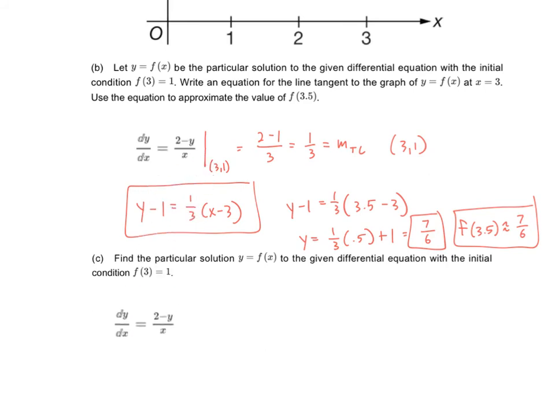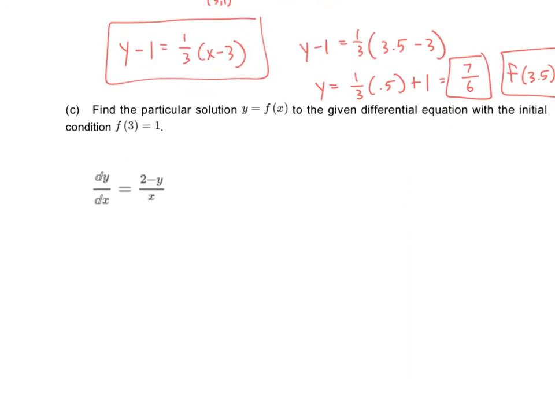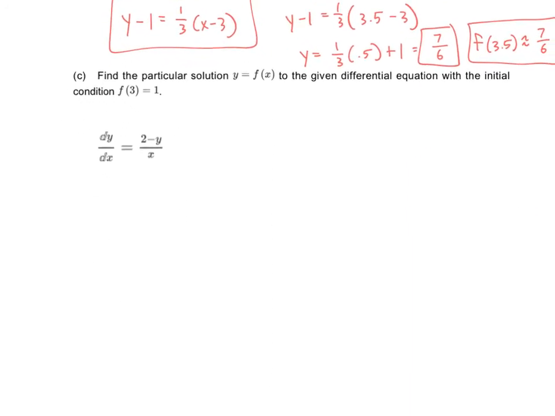Now we have to solve this differential equation for y. The way to do that is to separate variables. This dy and this 2 minus y have to go on the same side, so we'll divide by 2 minus y. And then this dx and x have to go on the right-hand side, so we'll multiply by dx to get that over to the right.